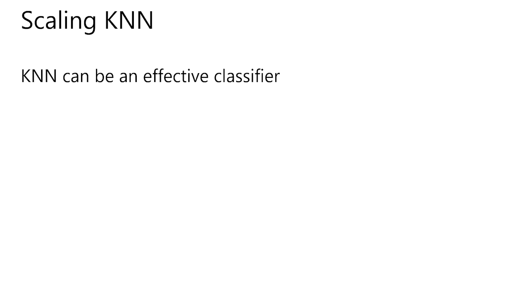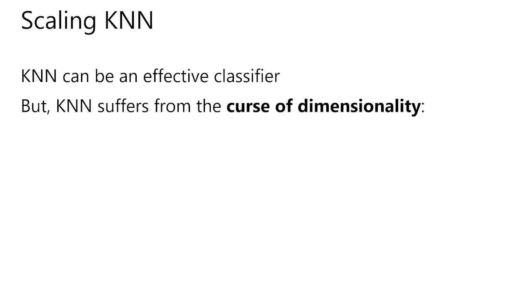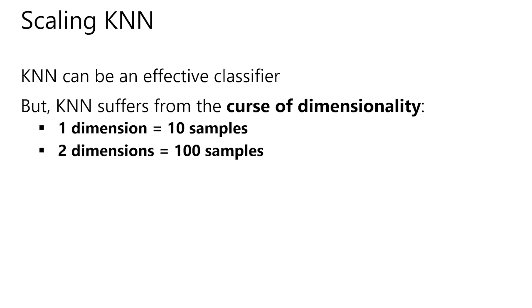But there's a problem with K nearest neighbors, and this pervades all machine learning, but it's really evident here. It's an effective classifier when it works, but it suffers from something we call the curse of dimensionality. Let me give you an example so you can wrap your heads around what this problem is. In one dimension, say I have just one feature and 10 samples. Maybe that's dense enough sampling of my known cases, and I can get a pretty accurate classifier. But if I want that same density in 2 dimensions, like the case I just showed you, I need 100 samples.